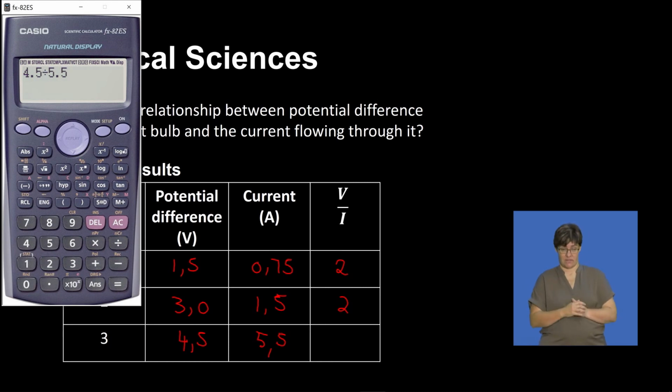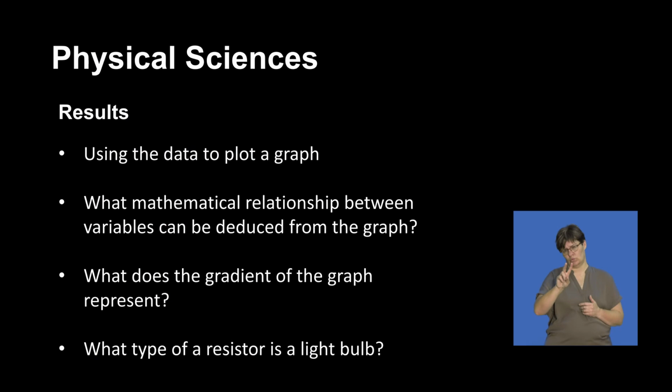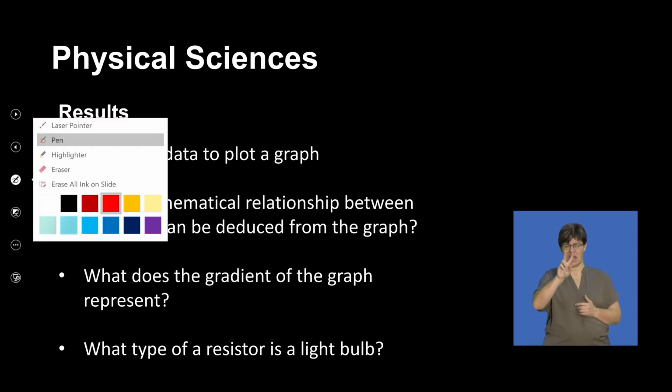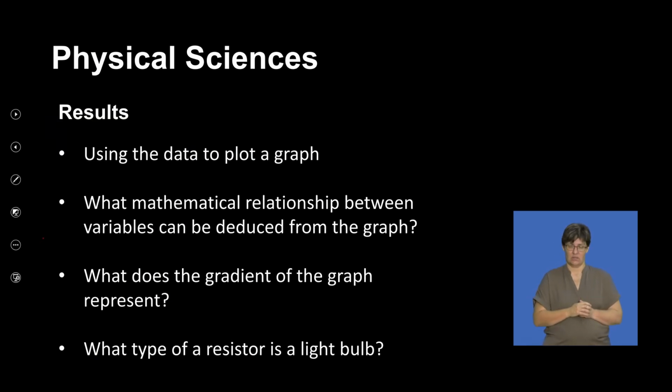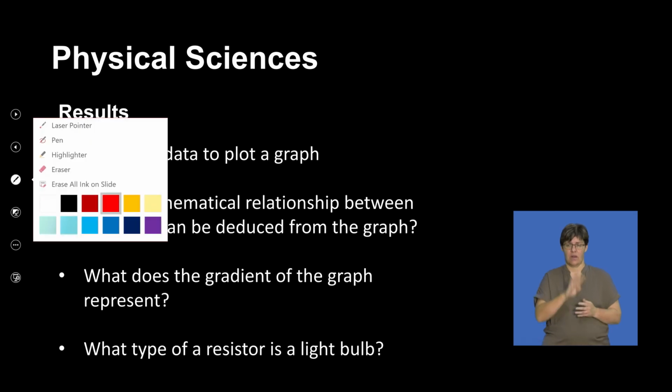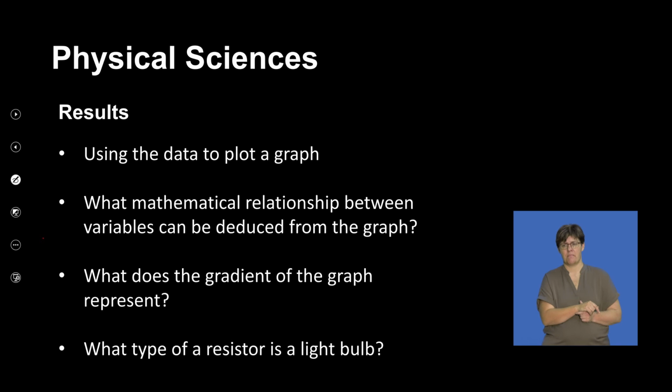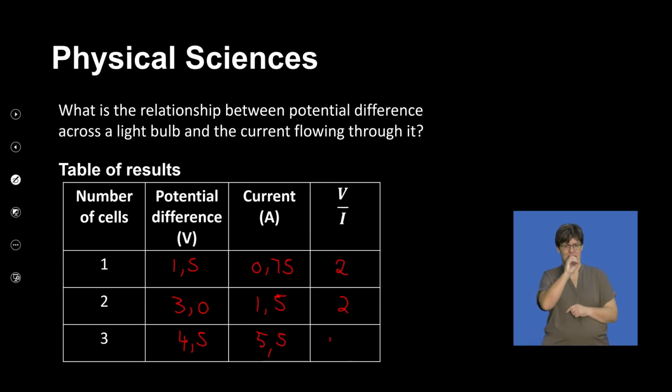We get something like 0.81 or 0.82. So if we go back to the table, we would actually realize that it's a value of 0.82. So you can immediately tell that the pattern is actually not what we expected.